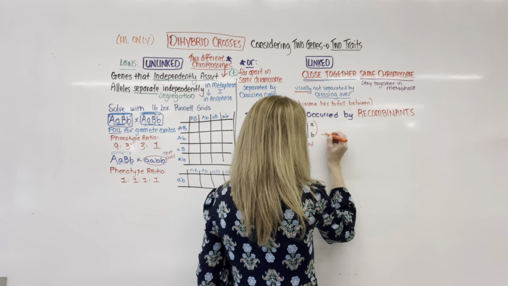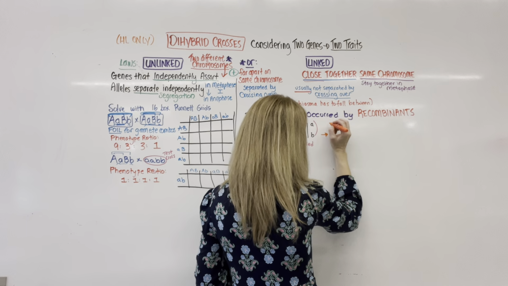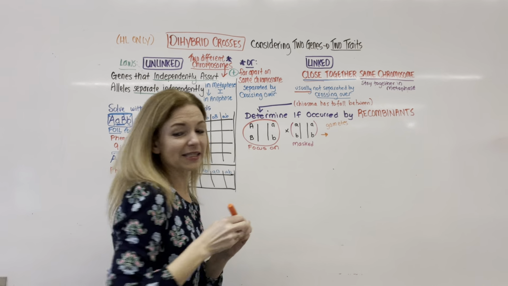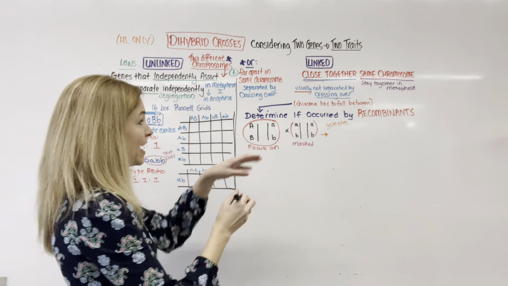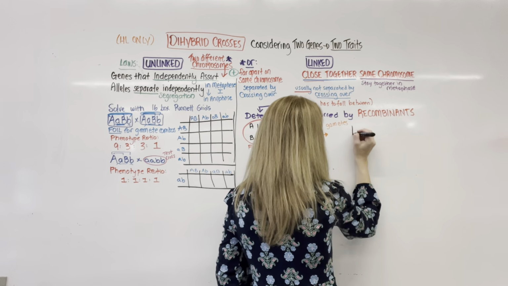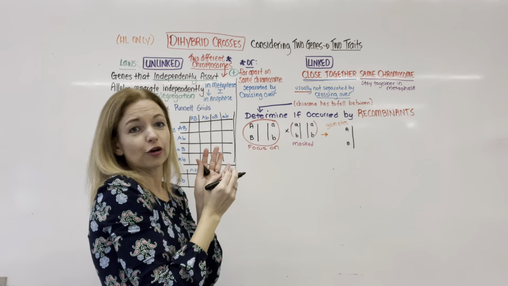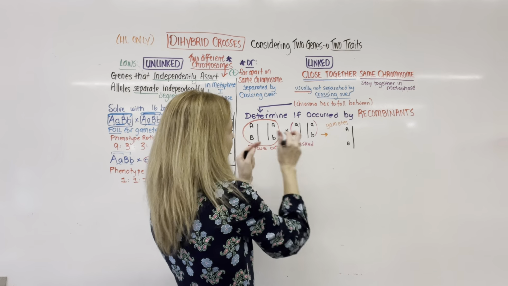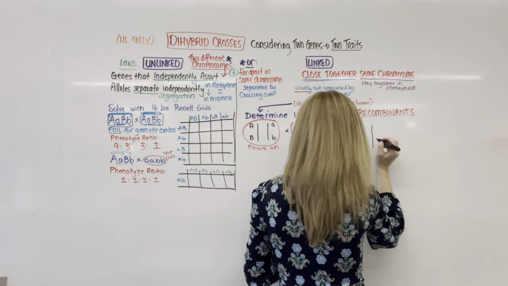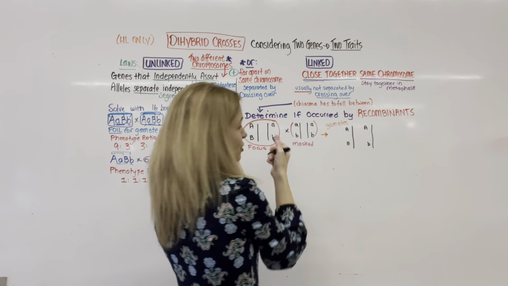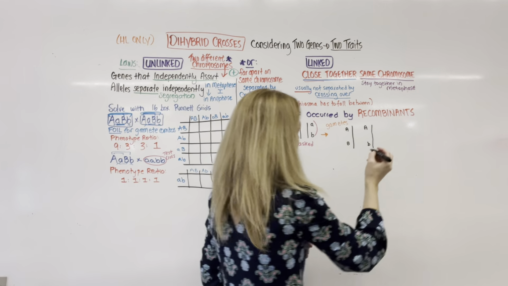So if we were to actually look at the gametes, what we would see is if they stay how they are, you would have big A, big B. They stayed on the chromosome together. If they shuffle and you see big A, little b, that tells you something crossing over got in the middle of it.